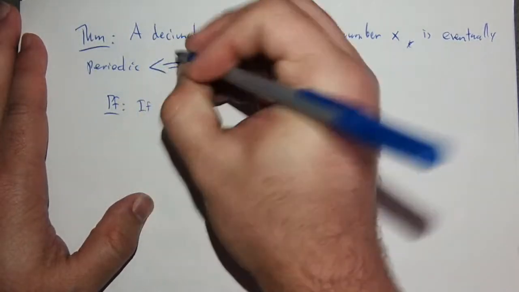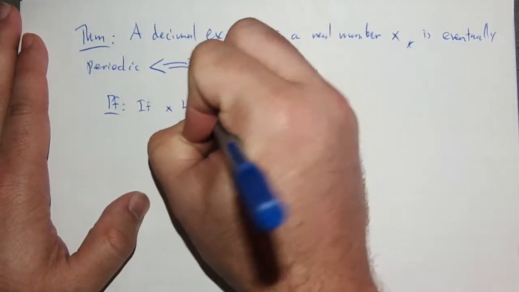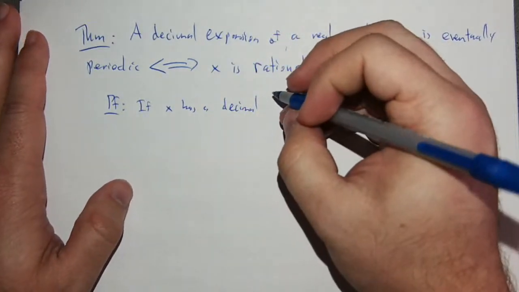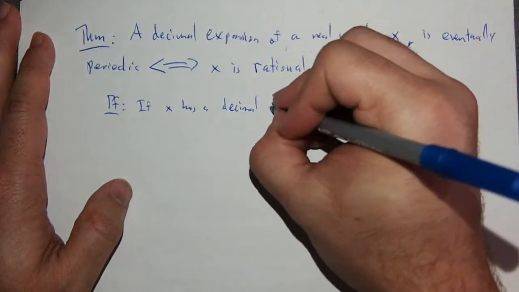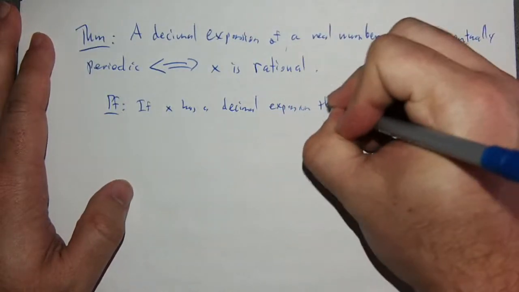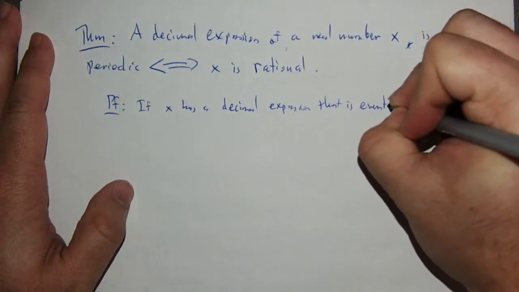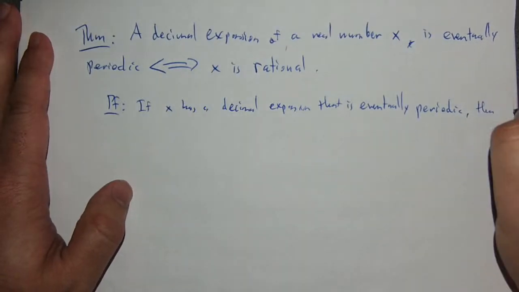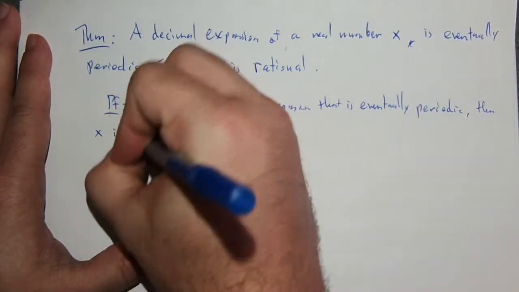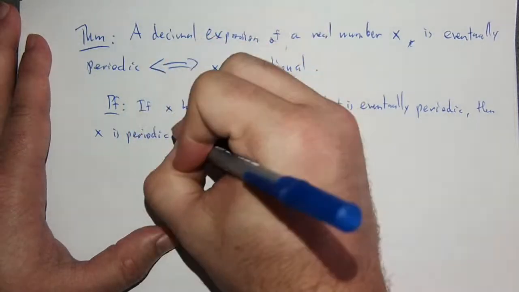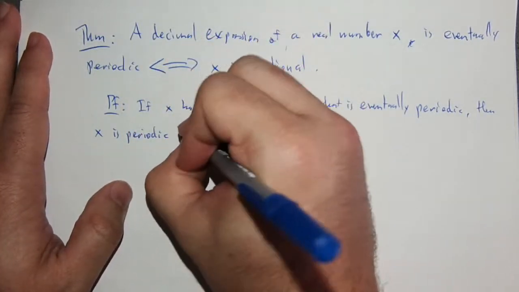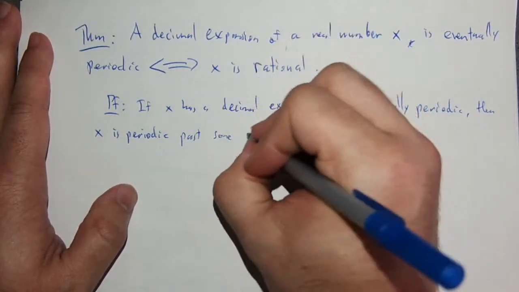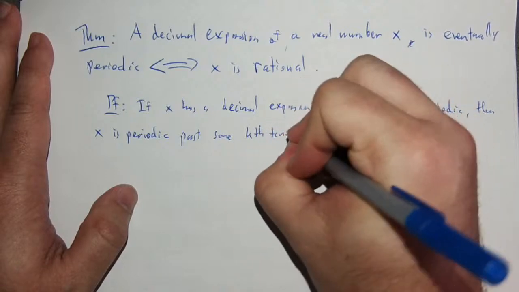So if x has a decimal expansion that is eventually periodic, then x is periodic past some kth term after the decimal point.